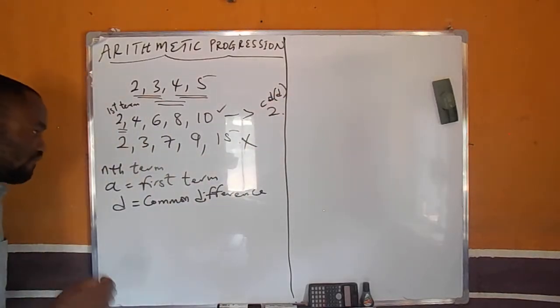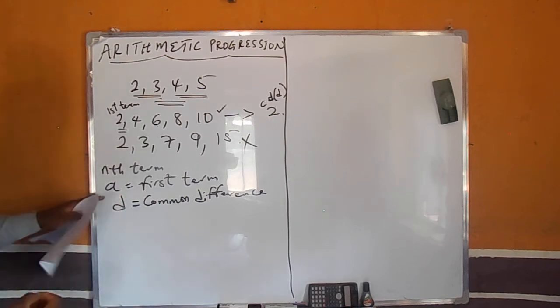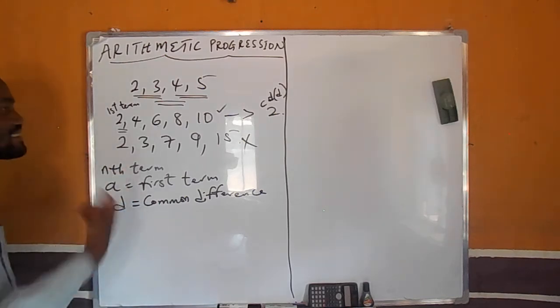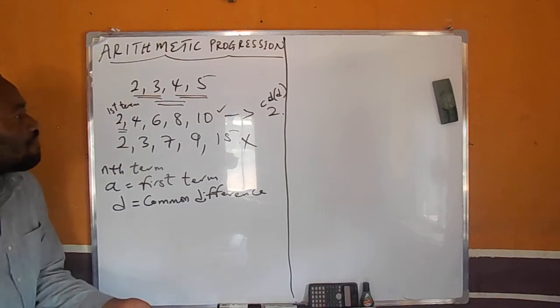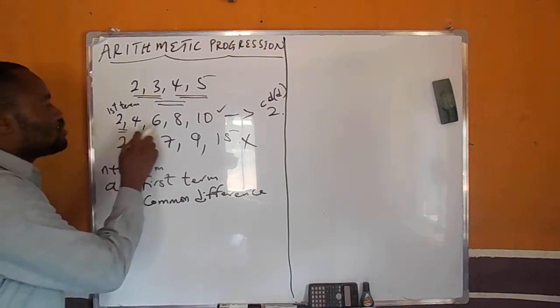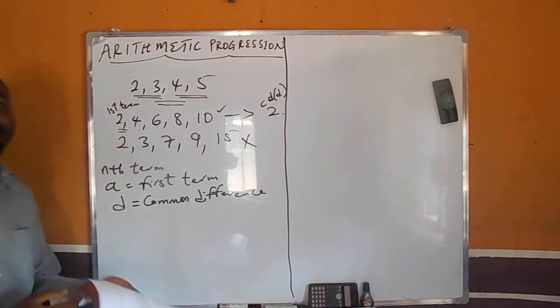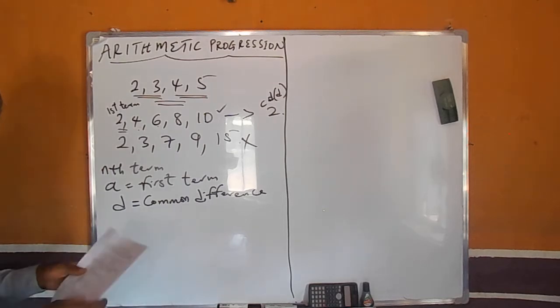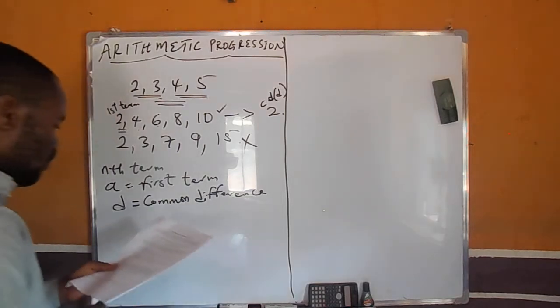Now the nth term, how many do we have here? 1, 2, 3, 4, 5. That is 5.